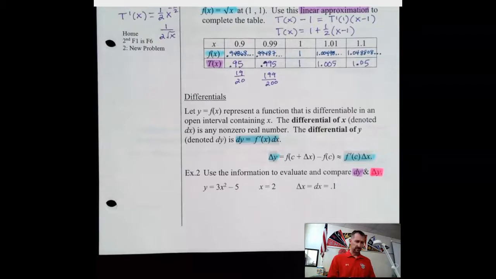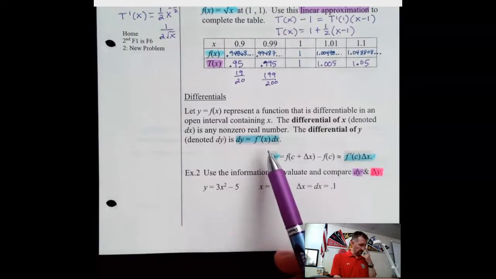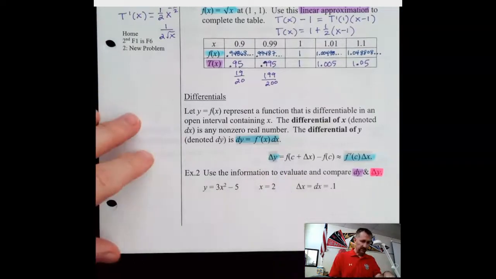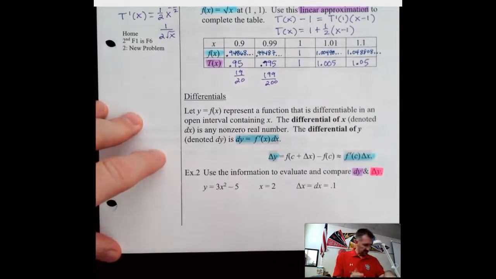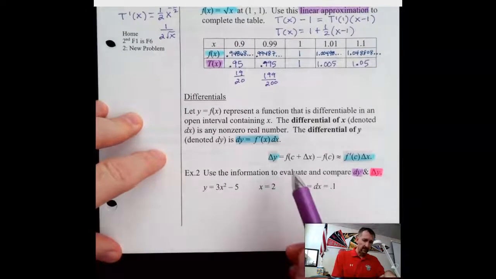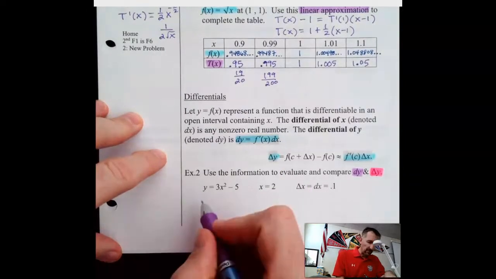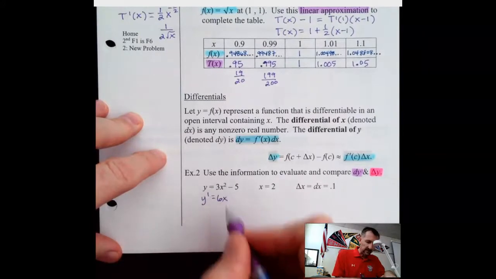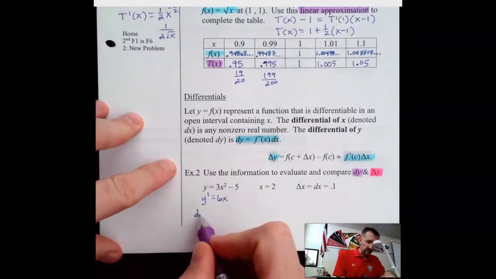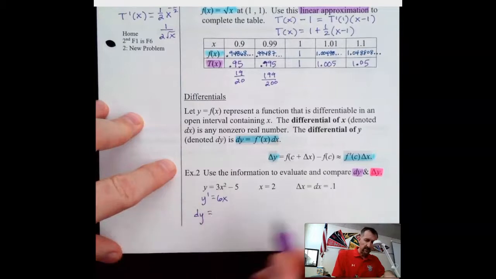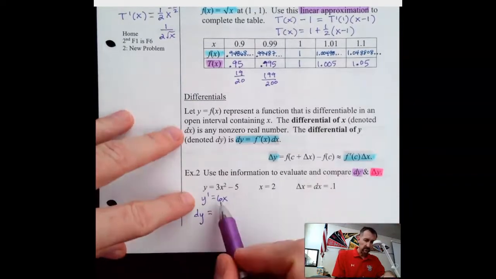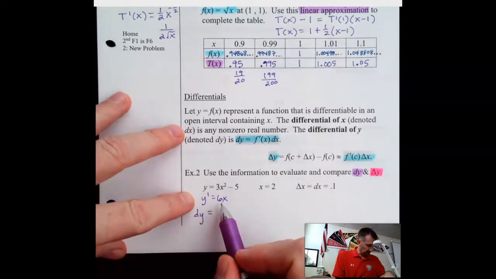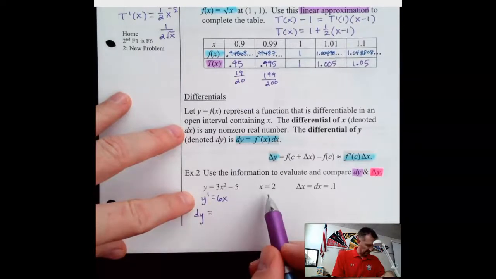So let's see, dy was up here. So dy is equal to f prime times dx. Okay, so f prime, y prime, is going to be 6x. So the differential of y is equal to the derivative, and this is at 2.